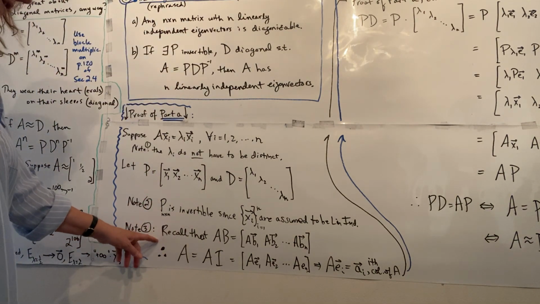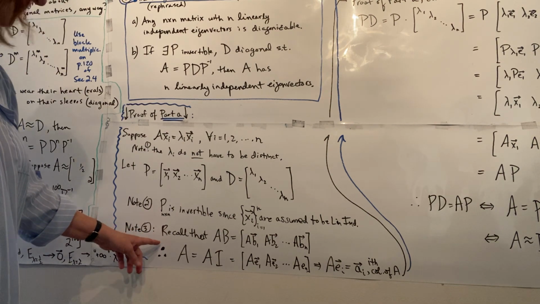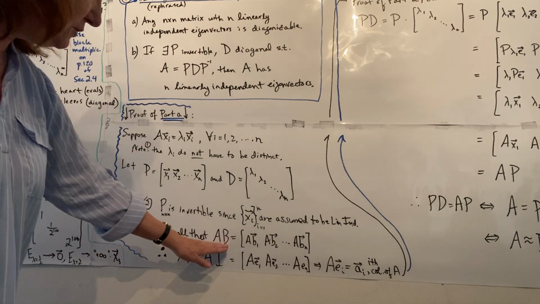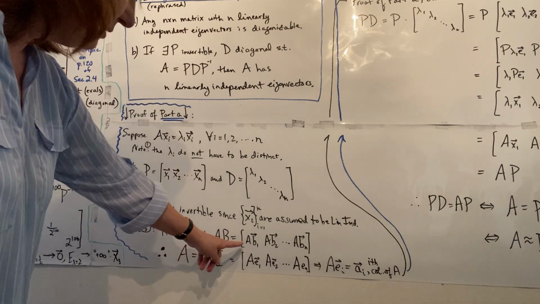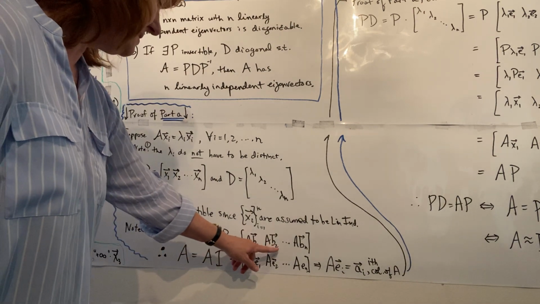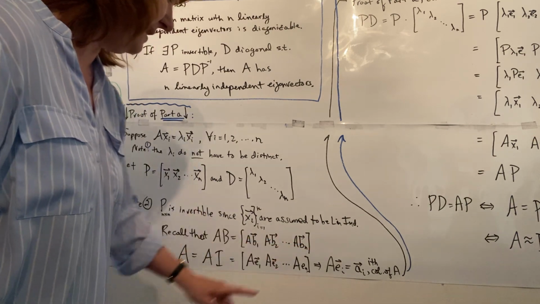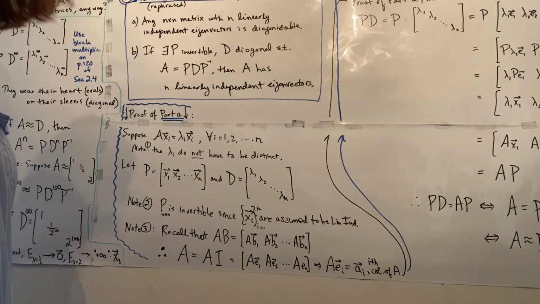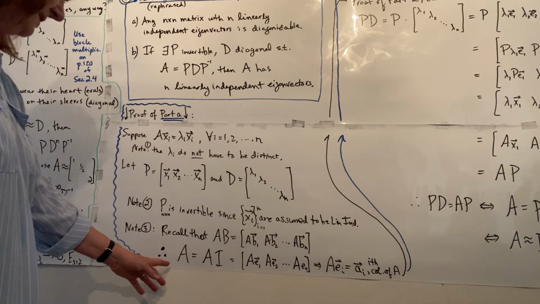Secondly, or thirdly, recall that we had a trick that we've been using all semester: the product of two matrices AB can be rephrased as A times the first column of B, A times the second column of B, up to A times the nth column of B. That has come in handy over and over again. Here's another time.